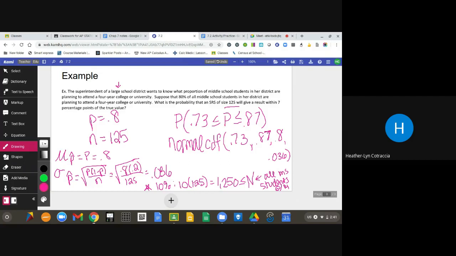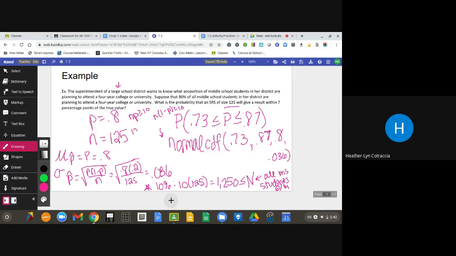Now, I did also make the assumption that I could use this normal condition right here without checking, and I should check that. So normal, we're going to use our large counts. So that is n times p has to be greater than or equal to 10, and n times 1 minus p has to be greater than or equal to 10. So let's check this one first.